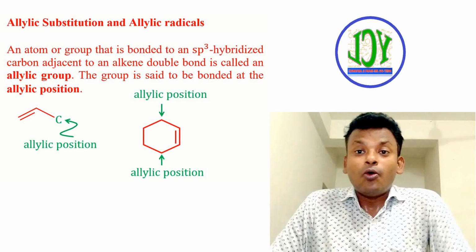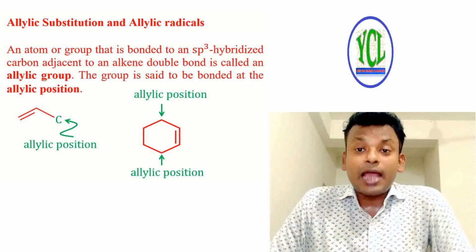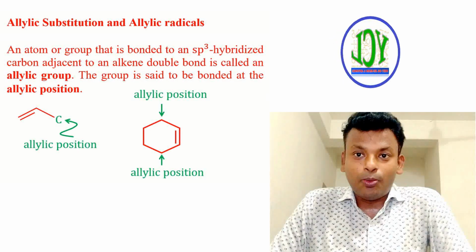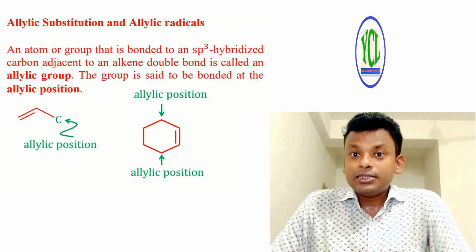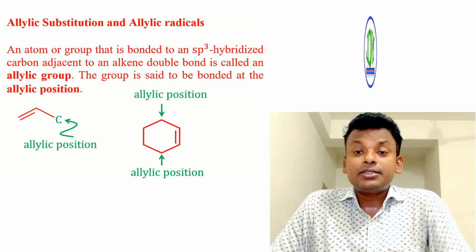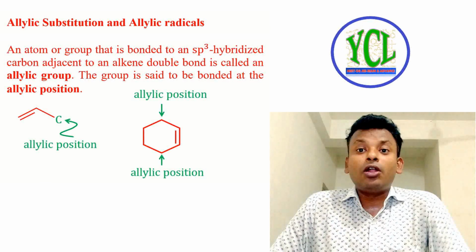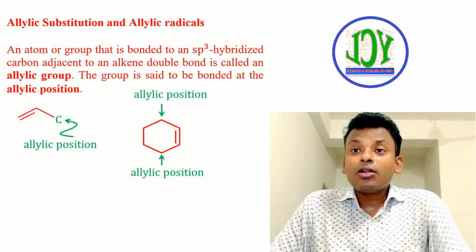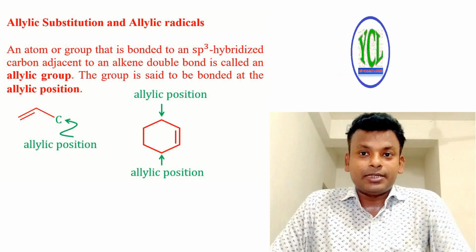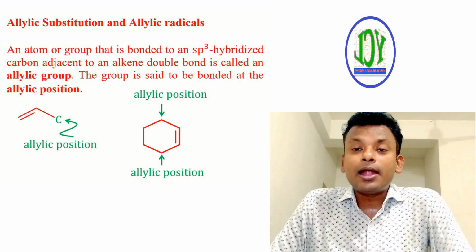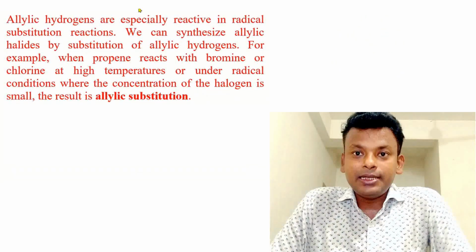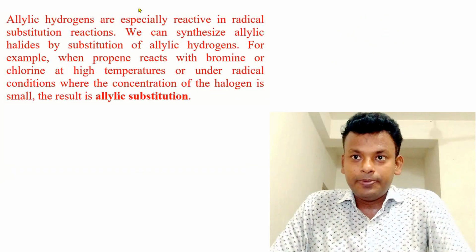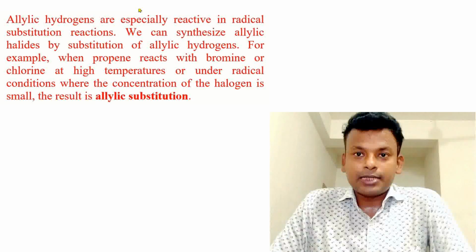That means when a carbon is attached to a C=C double bond, which is sp2 carbon, this attached carbon is called the allylic position. The given examples are showing this, and allylic hydrogen is especially reactive in radical substitution reactions.